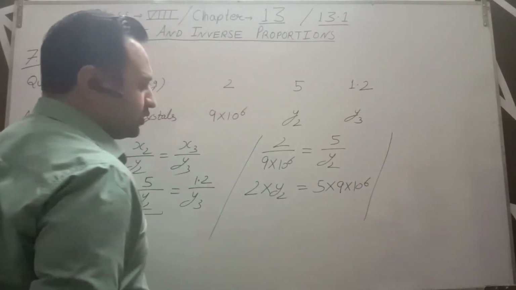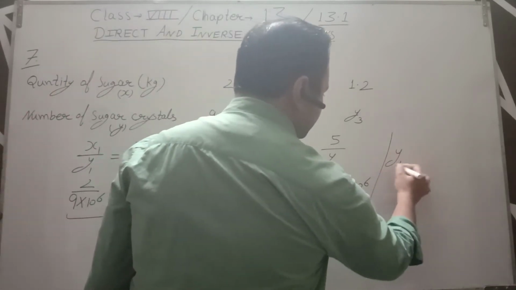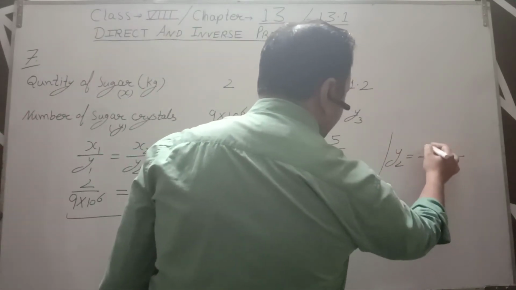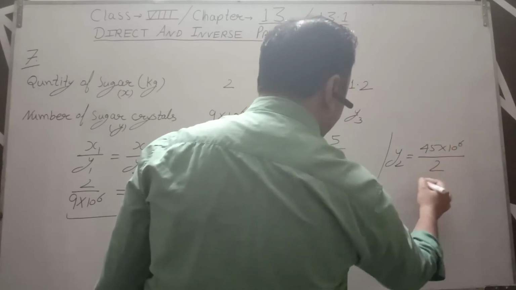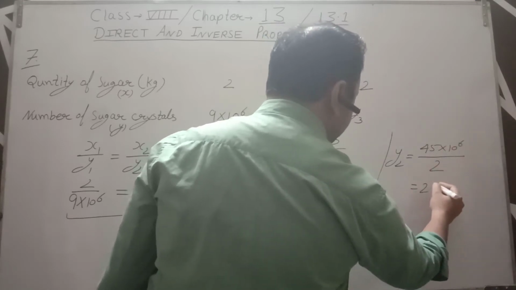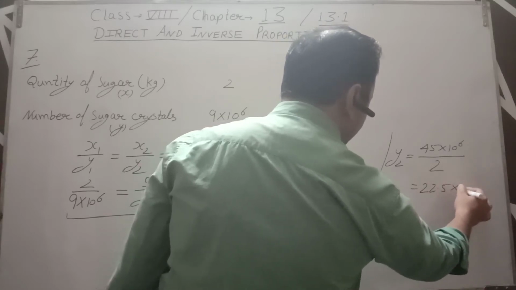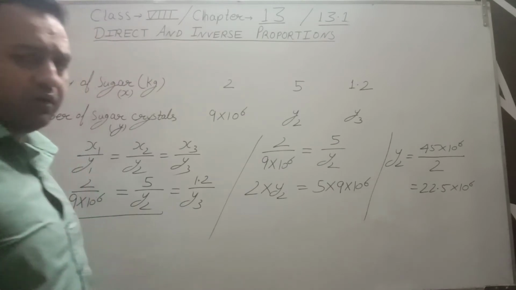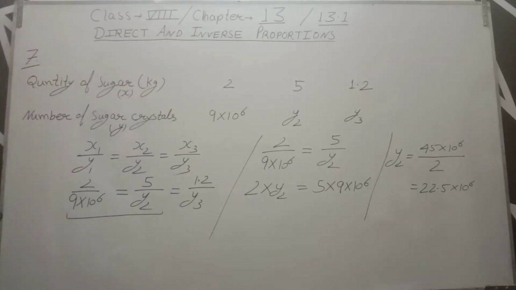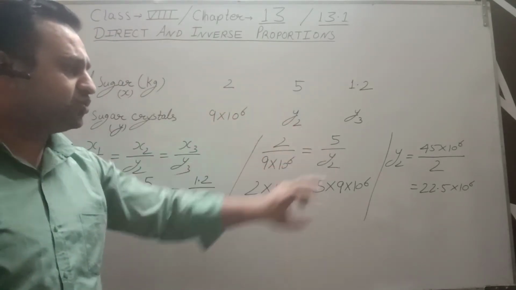Now after calculation, y2 is equal to 45 into 10 to the power 6 upon 2, and the value is 22.5 into 10 to the power 6. So it is the number of sugar crystal particles in 5 kg sugar.